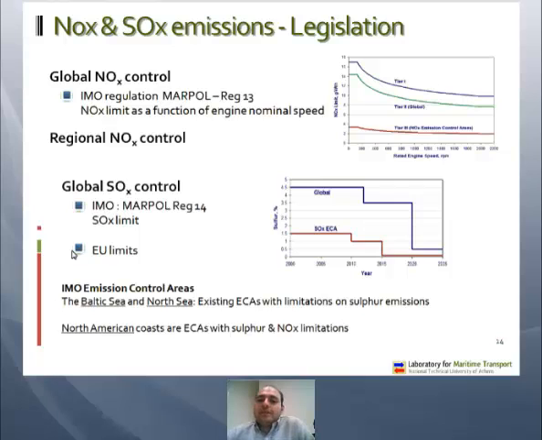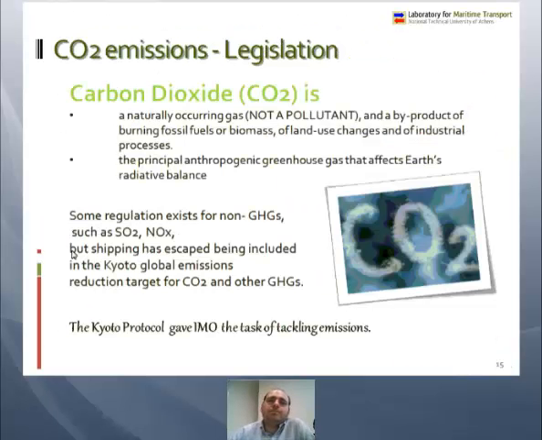Let's go back to carbon dioxide. You have to understand that NOx and SOx are not greenhouse gases. Carbon dioxide is a bad thing because it leads to climate change, but carbon dioxide is not a pollutant. It is a naturally occurring gas.